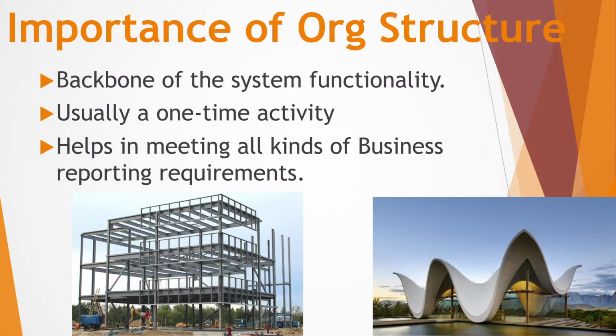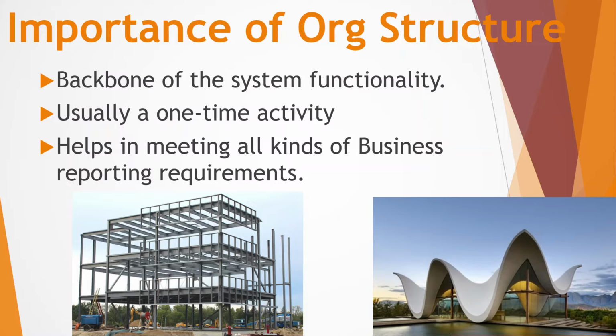And this org structure also helps in meeting all kinds of business reporting requirements. Any kind of report you have to create, it will come via org structure, org elements only. It helps you generate various things. You need a cost center level report, a profit center level report, a company code level report, and there are so many various kinds of reports.